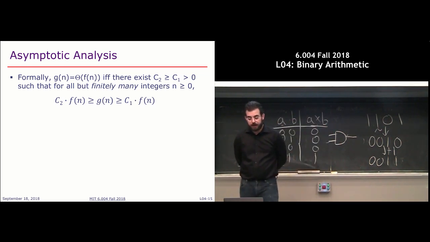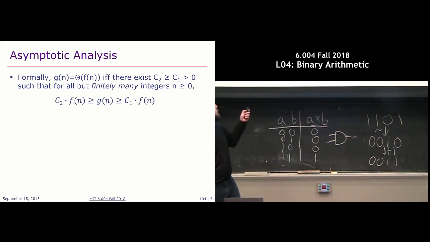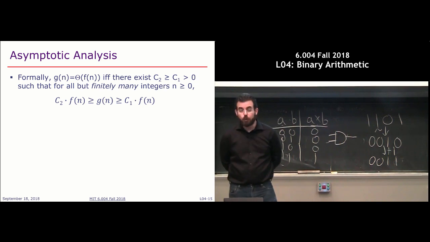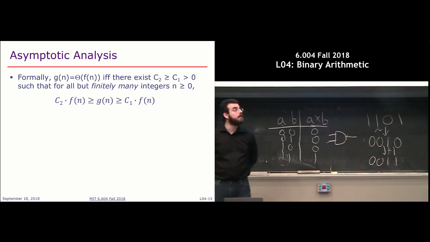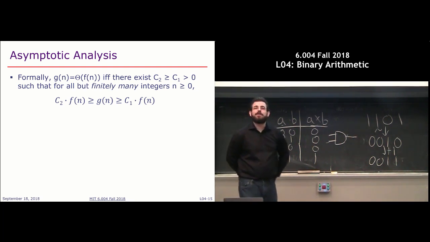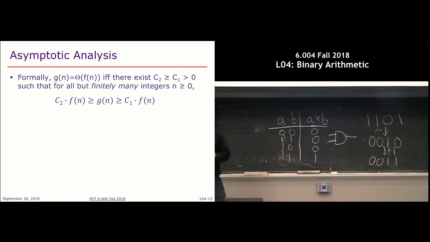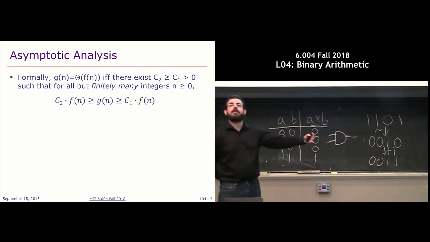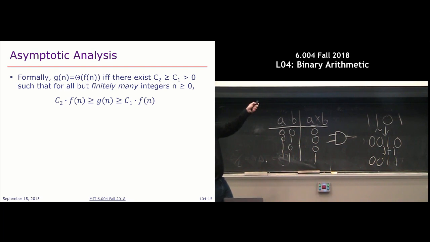So we say that g of n equals theta of f of n if and only if we can find two positive constants, c1 and c2, that when multiplied by f of n will give both an upper bound and a lower bound to g of n, except for a small number of integers. For small integers, this bound might not hold. But as n grows, this should always be larger, and this should always be smaller.